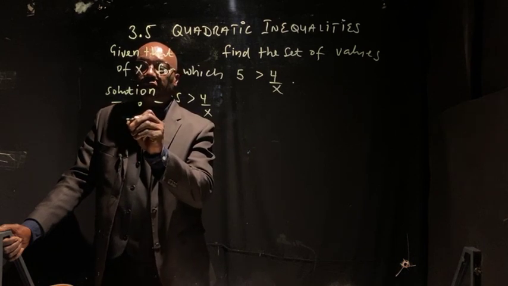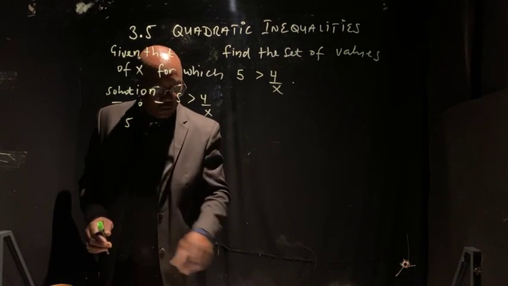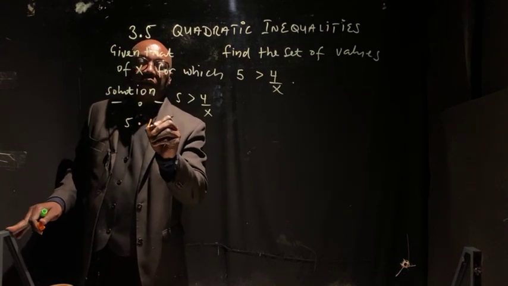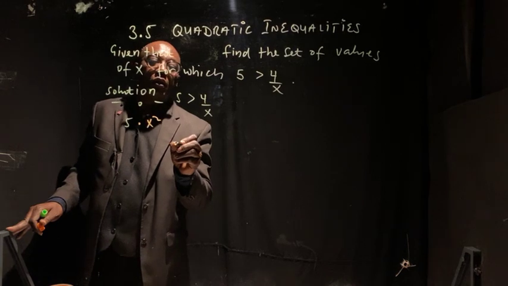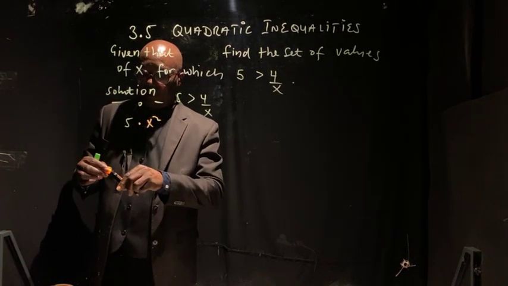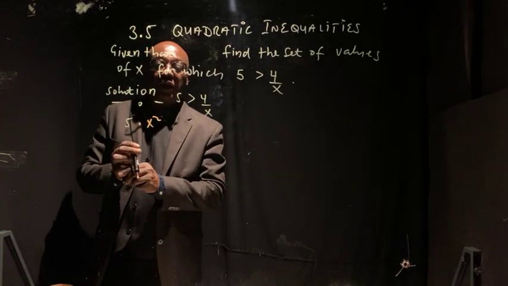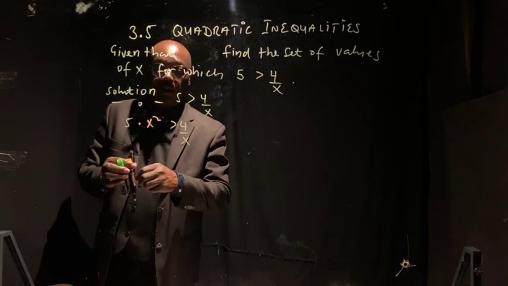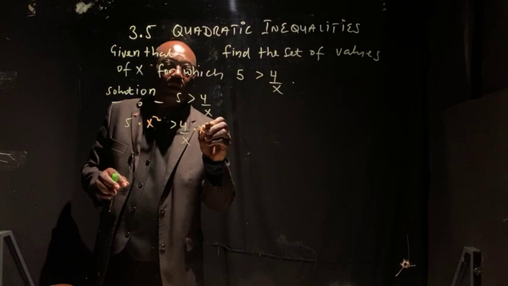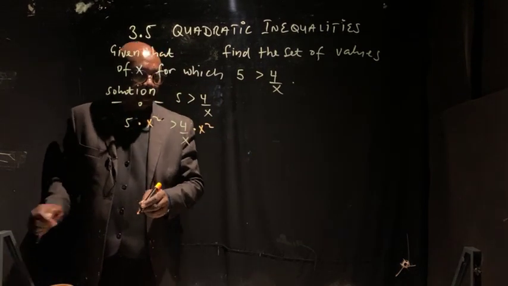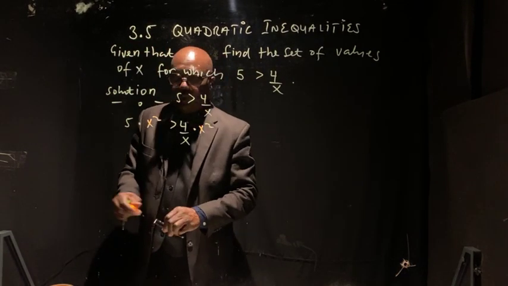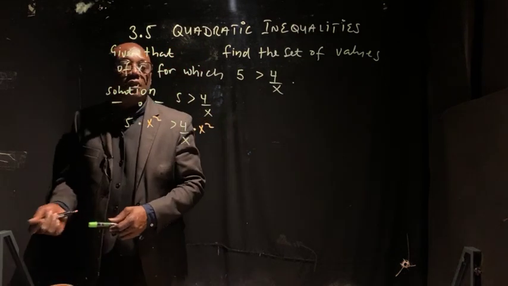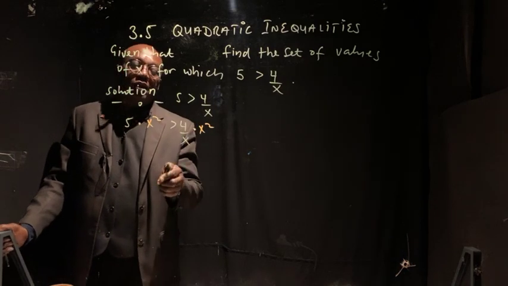In that case, we have 5 multiplied by x squared greater than 4 over x multiplied by x squared. That is algebraic manipulation anyway. Multiplying both sides by x squared doesn't affect the inequality, and they can still cancel out.